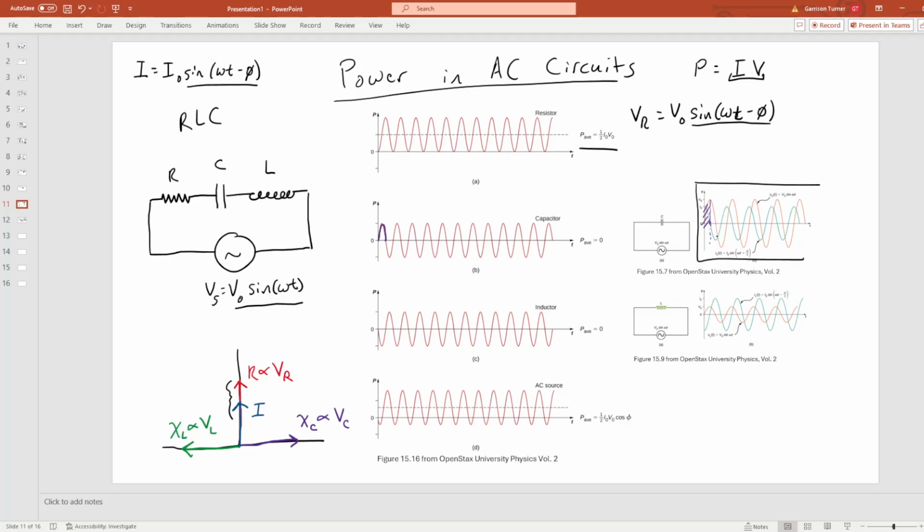But then, while my voltage is still positive and my current is negative, from here to here, that condition is met. Now this product is negative because my voltage is positive and my current is negative. So that becomes this part. And then that cycle just repeats from here to this point.